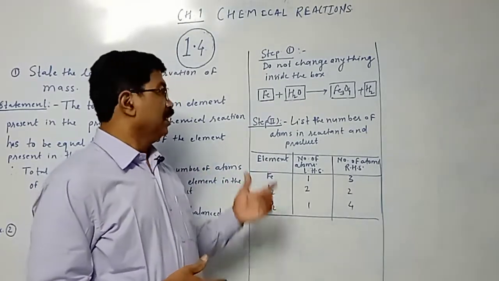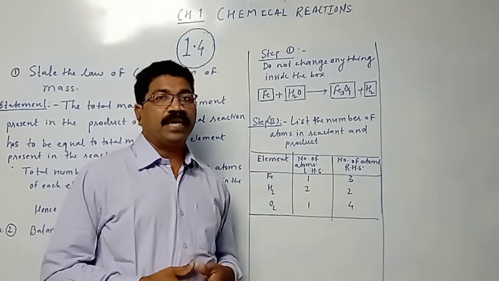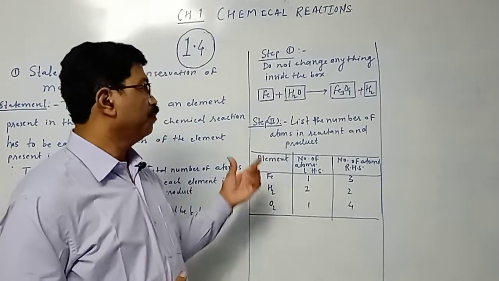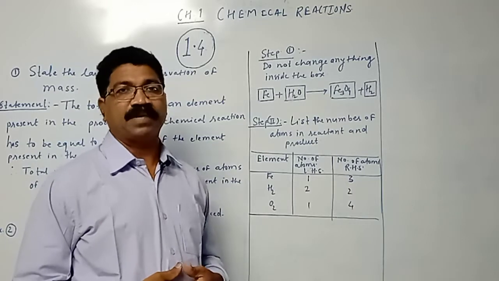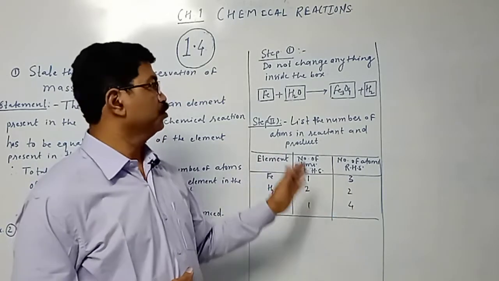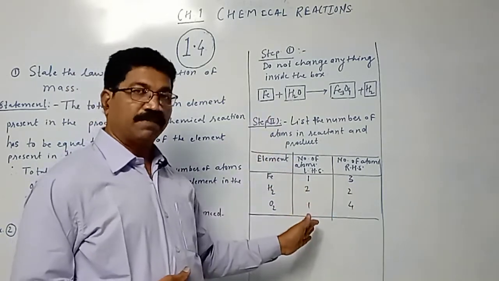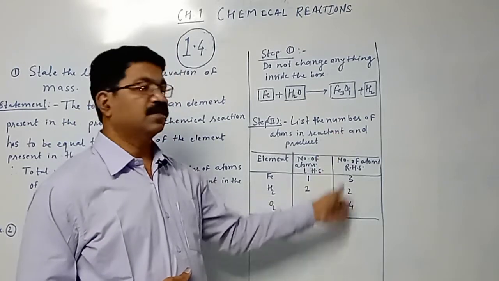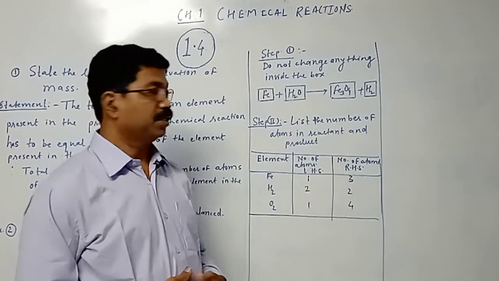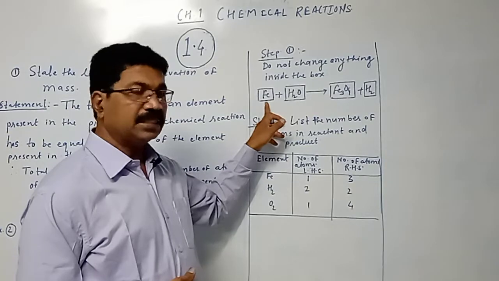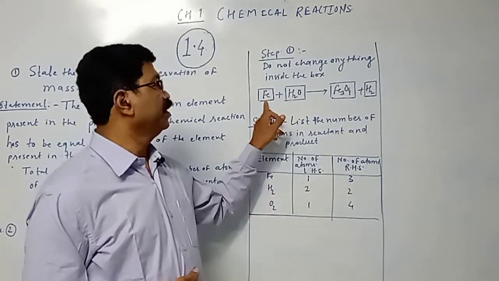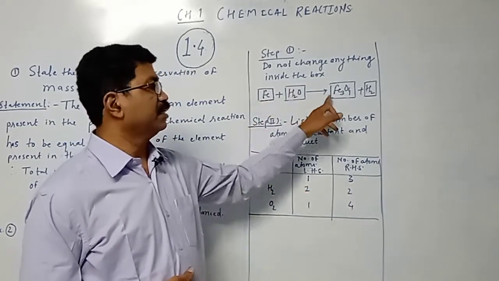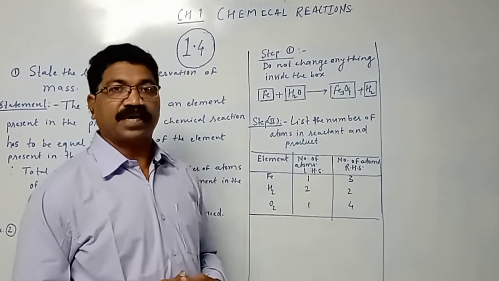Okay? Then in step 2, we have to count the number of atoms of each element present in the reactant and product. This is the left hand side, these are the right hand side atoms of an element. So the first element, suppose, is iron. Iron has one atom on the reactant side, and there are three atoms on the product side.